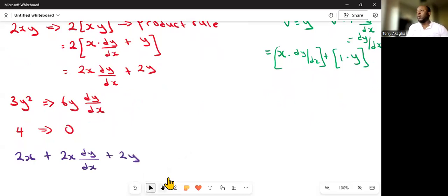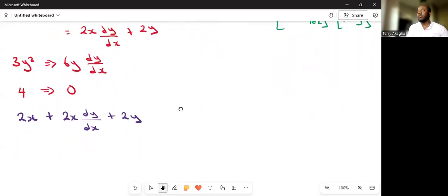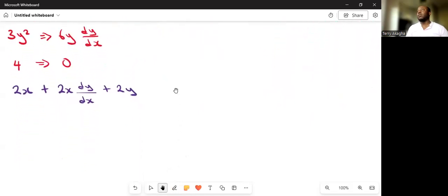Then the 3y squared, we're going to replace it with what? 6y dy over dx, and equal to the 4, we're going to replace it with what?